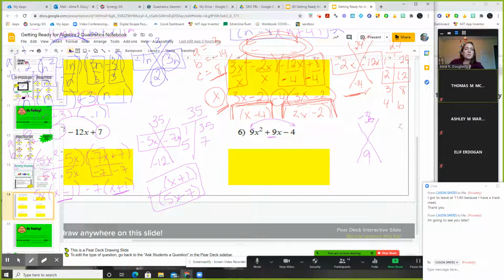So again, if you're not sure, make the table. I always start with 1 and the number. It's even, so I can divide by 2, 2 and 18. We can divide it by 3, 3 and 12. This is where your multiplication comes in handy. 4 and 9. 5 doesn't work, and then I've got 6 and 6.